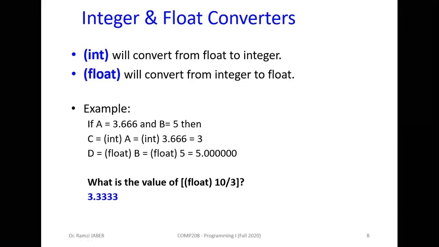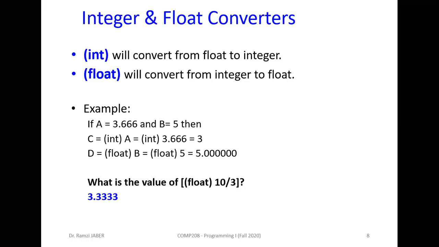What is the value of float(10/3)? 10 over 3 is 3. When we put float before it, we need this integer division to be float, so it will give us the real number 3.3333. You got it?